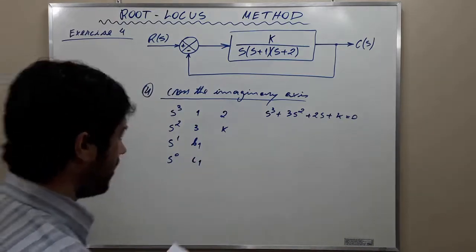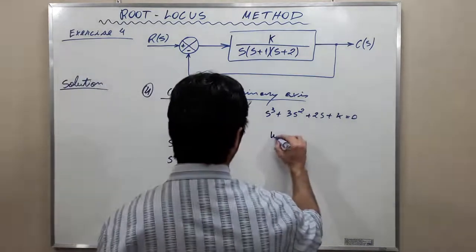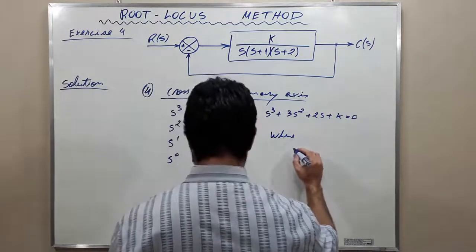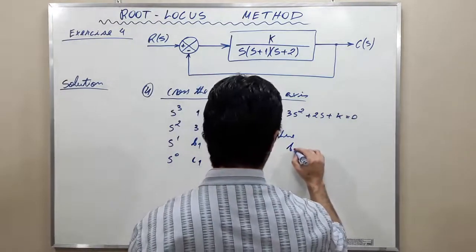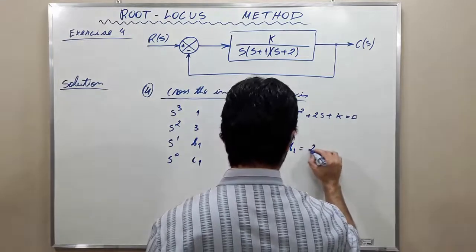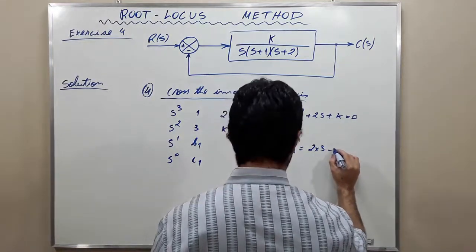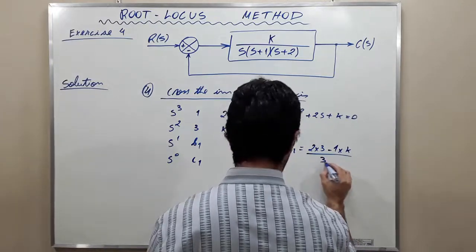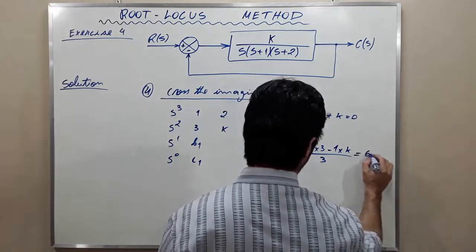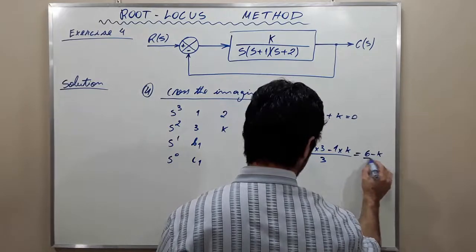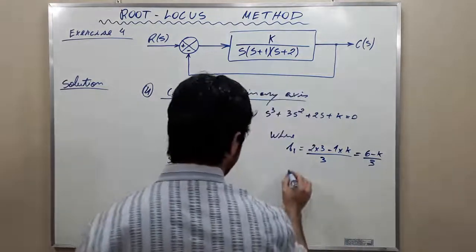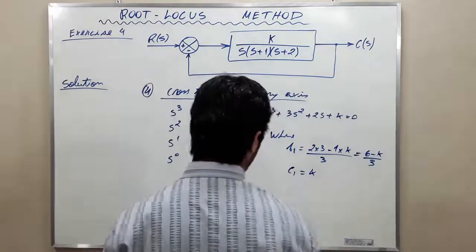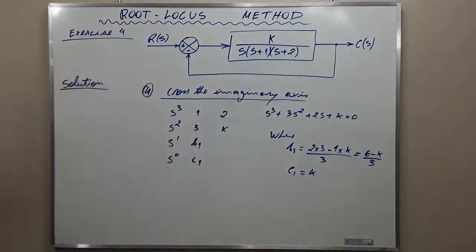Okay? Where B1 is equal to 2 times 3 minus 1 times K over 3, which is (6 minus K) divided by 3. And C1 is equal to K. Okay?